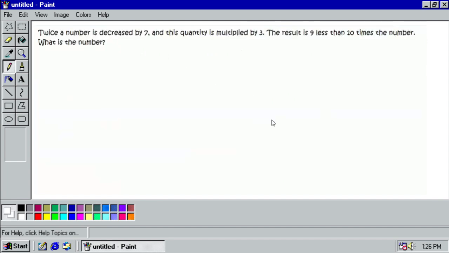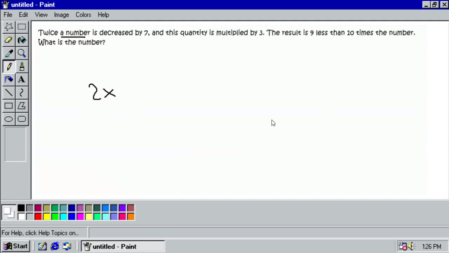Twice the number is decreased by 7. So when we say a number, that means that is the variable. So let's put x. Since it says twice a number, we need to multiply that unknown by 2. It doesn't matter if you add parentheses or not. If it doesn't have a sign, that means multiplication.